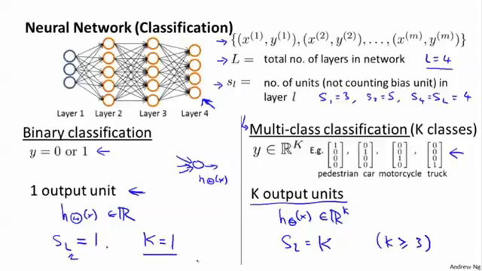We need to use the one-versus-all method only if we have K greater than or equal to 3 classes. If we had only 2 classes, we would need to use only 1 output unit.